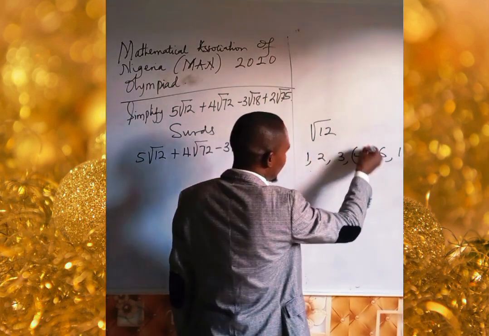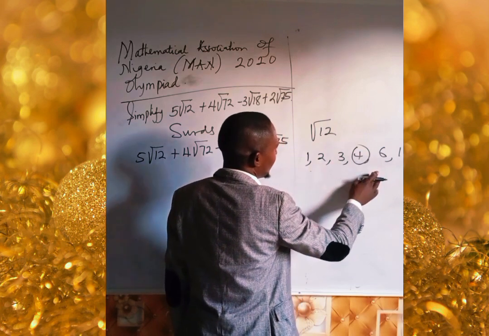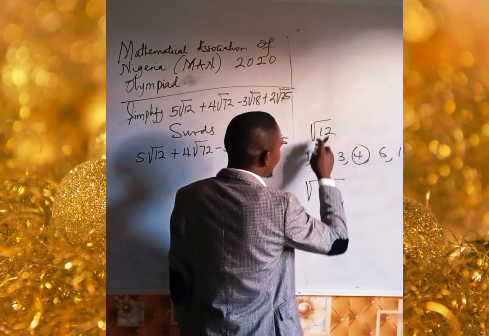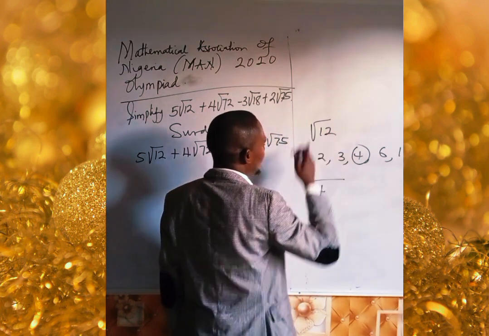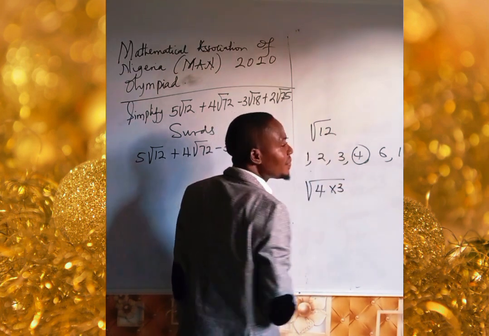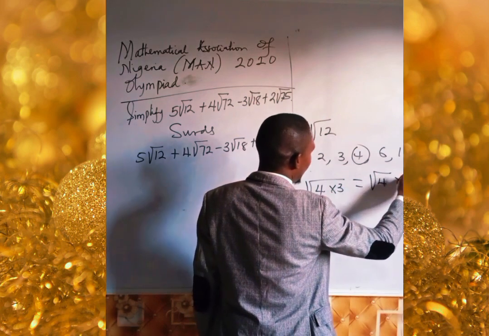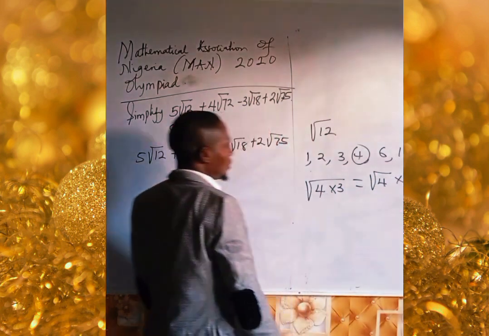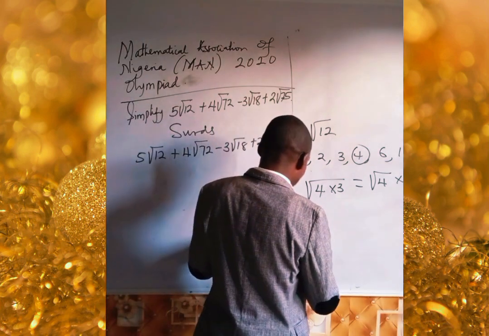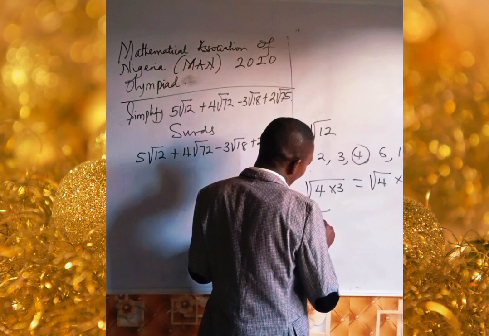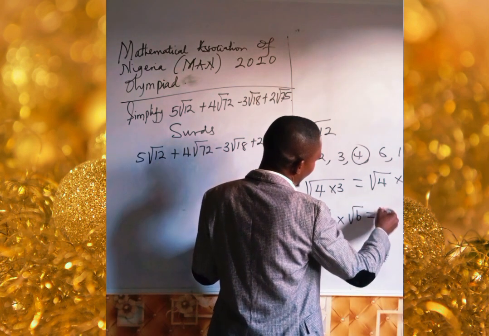So we pick this, 4. Ask yourself, 4 times what will give you 12? 4 times 3. And this is the same as root 4 times root 3, according to the number 1 rule of SODs, that root A times root B is the same as root AB.